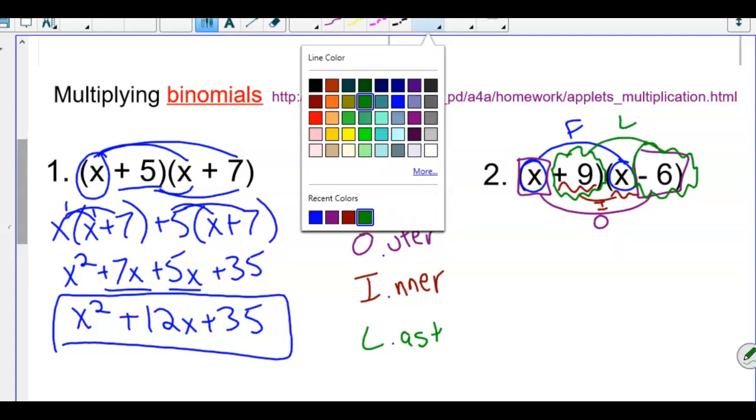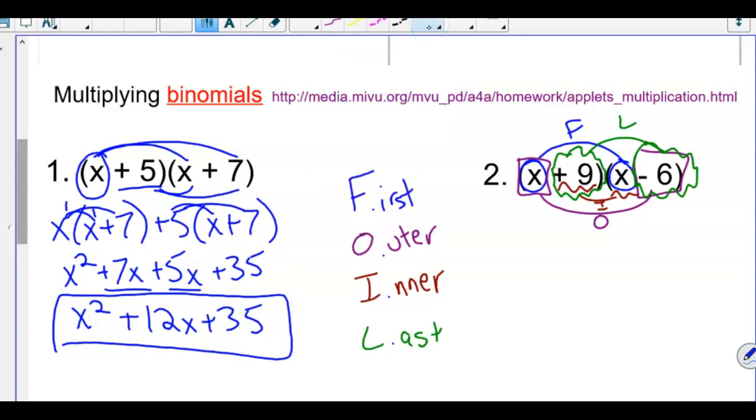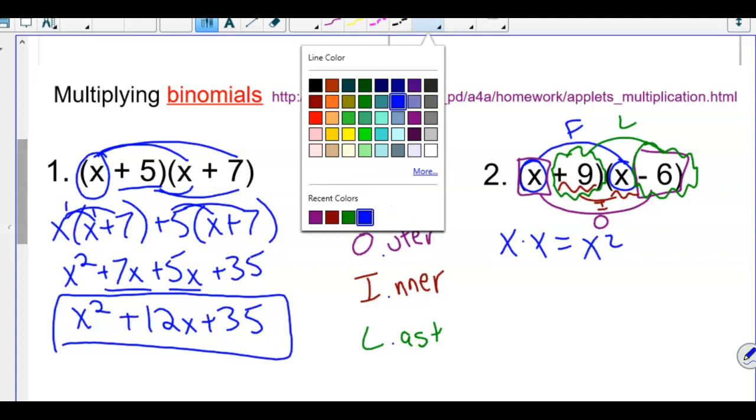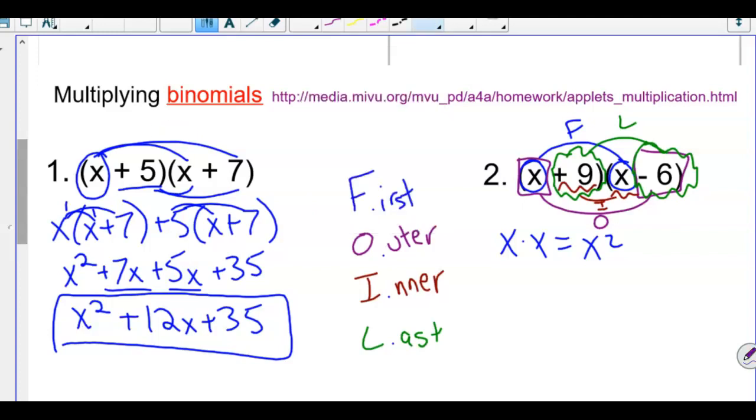So doing that all together, multiplying our first term, that'd be x times x, which we already know to be x squared. Trying to keep my color coding. X times negative 6, which would be negative 6x.